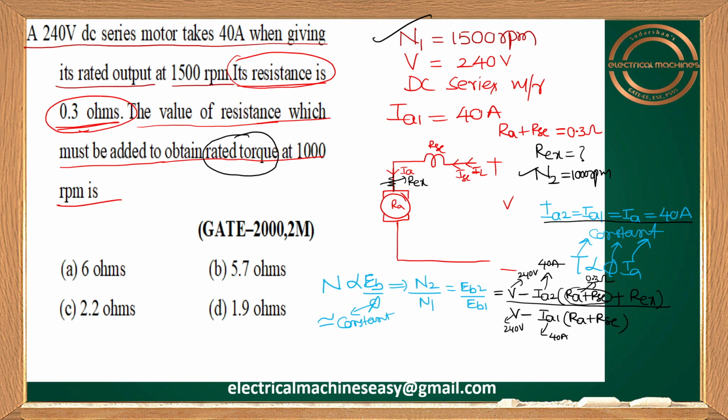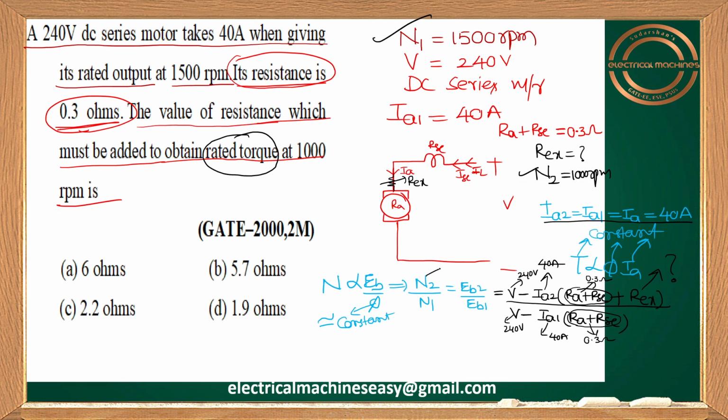And here also it's not visible, so let me write neatly here. 0.3 ohm. And it is also the Ra plus Rse value, 0.3 ohm. We have to find the Rx value, this question mark.